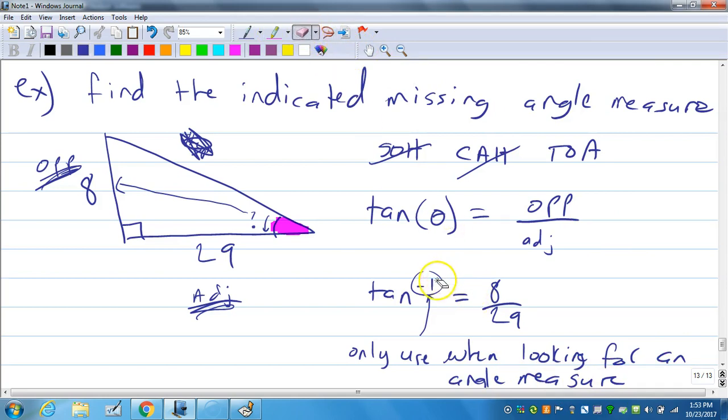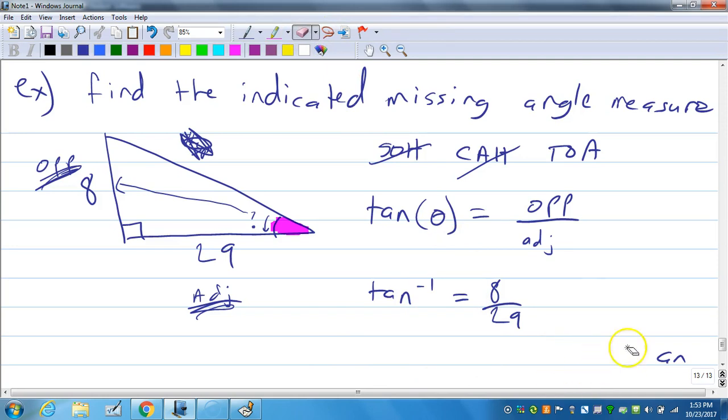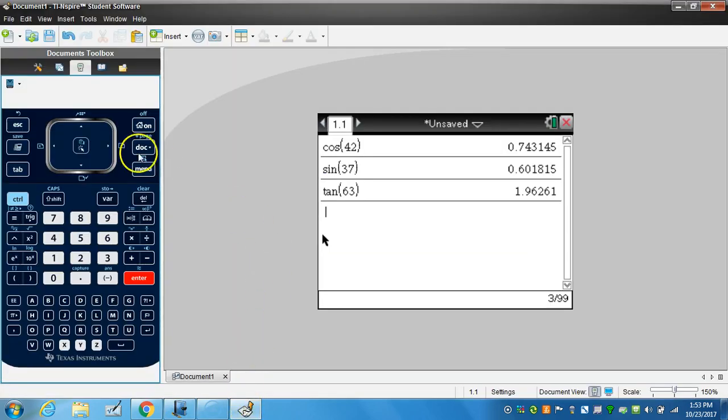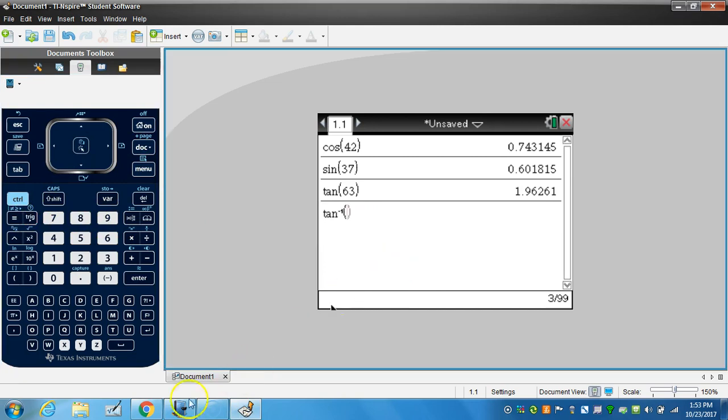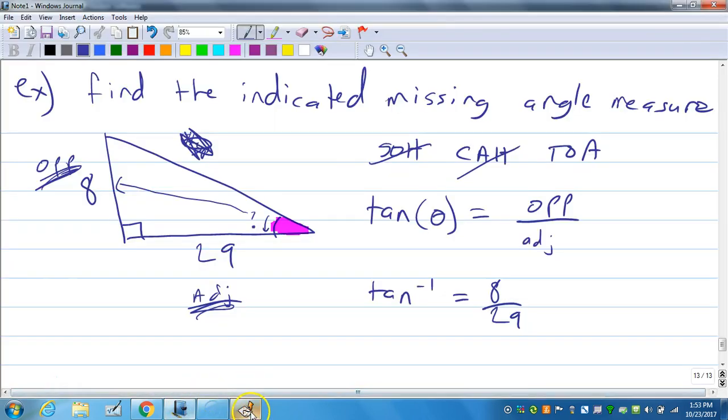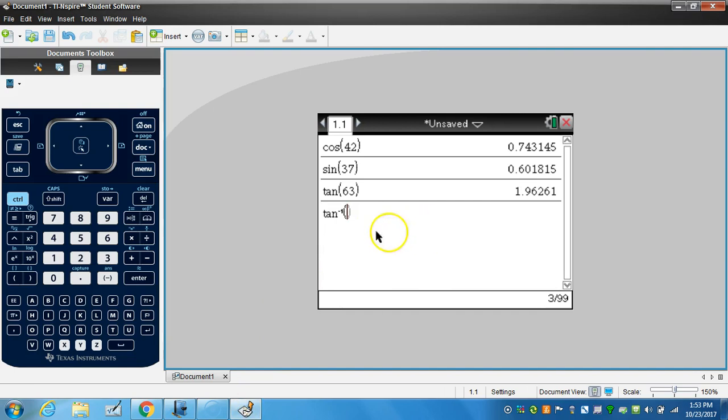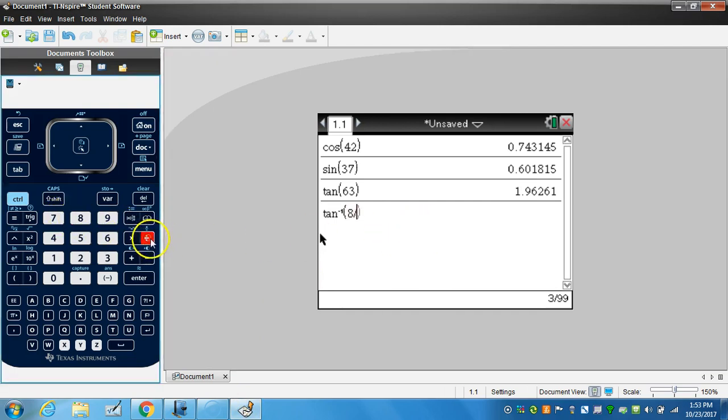Alright? So, just put in tan -1, and you can do it on the calculator. Trig. There's my tan -1. I forgot the numbers. 8 over 29. 8 divided by 29.